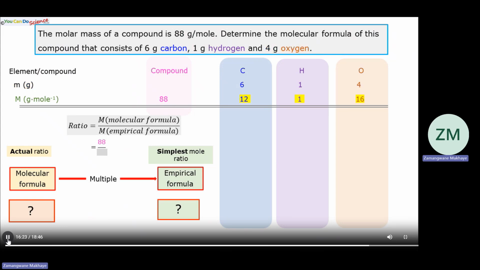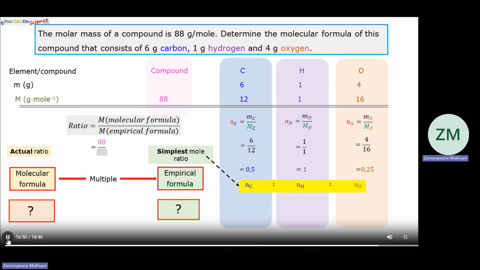Get the atomic masses of carbon, hydrogen, and oxygen from the periodic table. Now you can calculate the actual number of mole of each element. Check the footnotes. There are 0.5 mole of carbon, 1 mole of hydrogen, and 0.25 mole of oxygen.